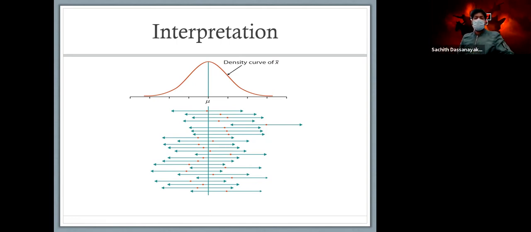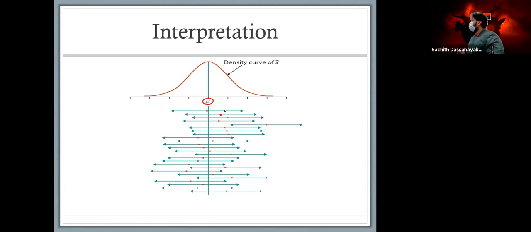So this is my population, which means all students in my class, and this is the population mean, the actual mean. Once I pick the first sample, I can see the mean is here. Once I pick the second sample and calculate the mean, I can see its mean somewhere here.